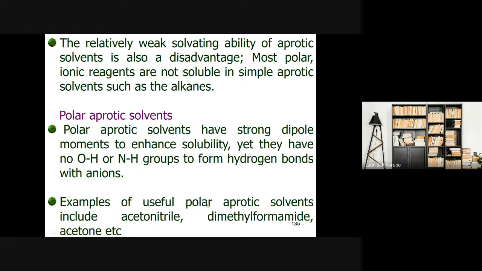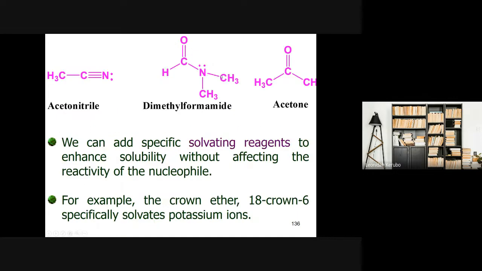Examples of useful polar aprotic solvents include acetonitrile, dimethylformamide, acetone, and others. These are the most common polar aprotic solvents. They are polar because in this portion of the molecule, carbon is bonded to nitrogen, so this bond is polarized, with a partial negative and a partial positive.